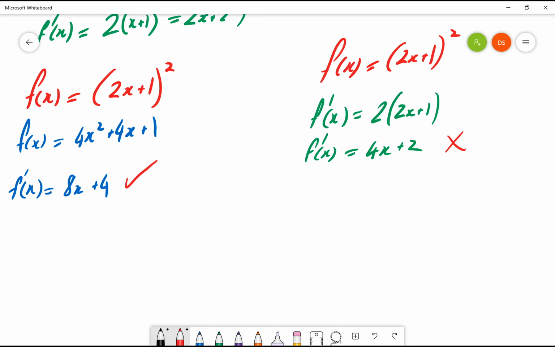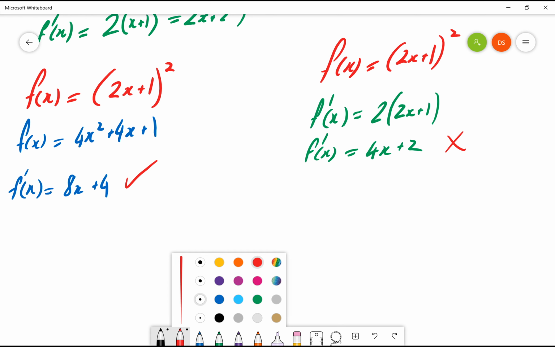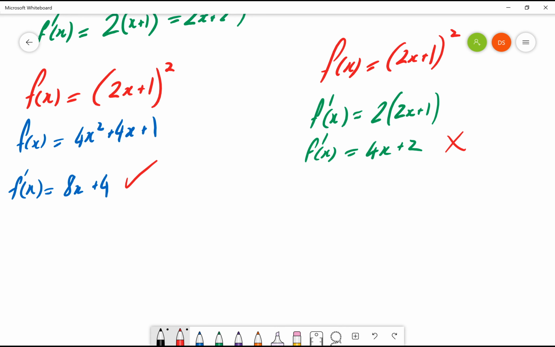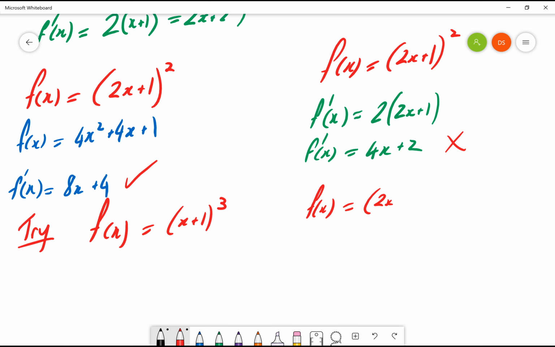So, is expanding the best way to do it? Try this. What about this? How would you do these?